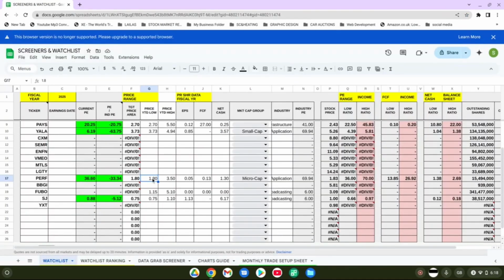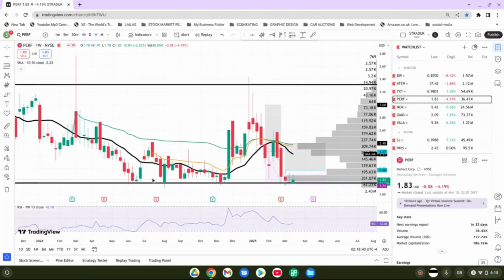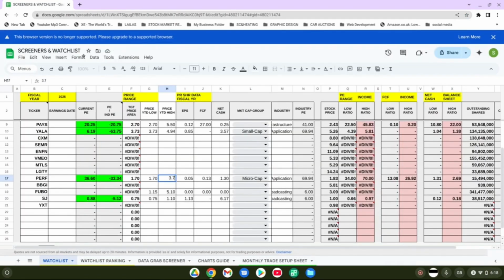So the analyst at the moment is just going to grab the low price for this year and update that, and then he's going to update the current high for the last financial year.